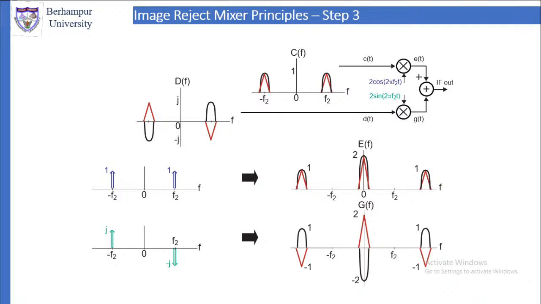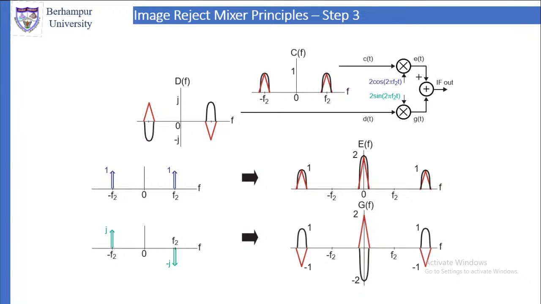In the third step, look at the top one, the first one, C. C goes into cos 2 pi f2t again. So if that goes to cos 2 pi f2t, you will get the spectrum shown in the middle one.